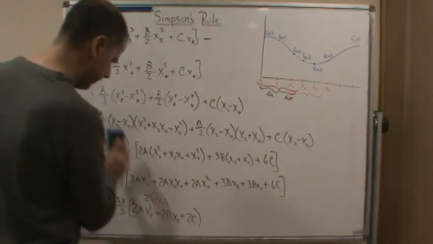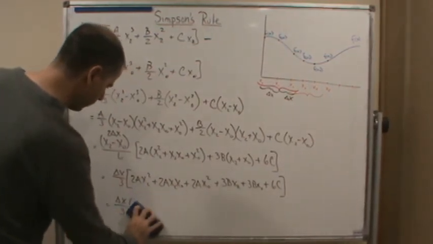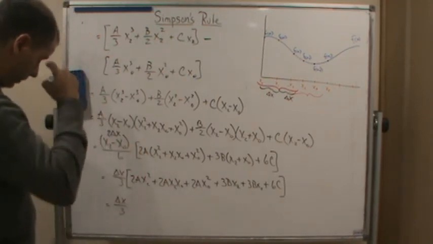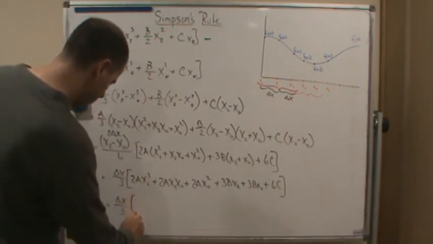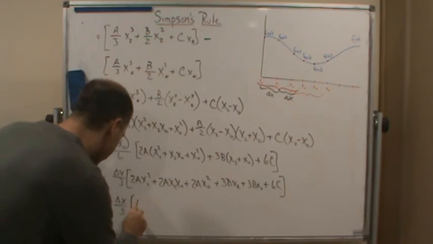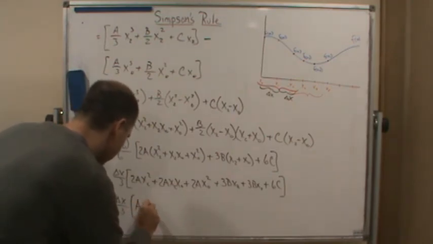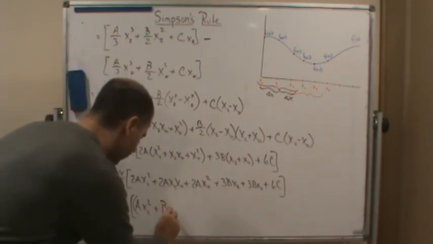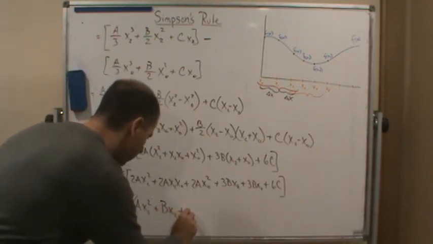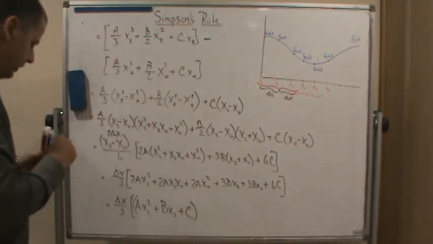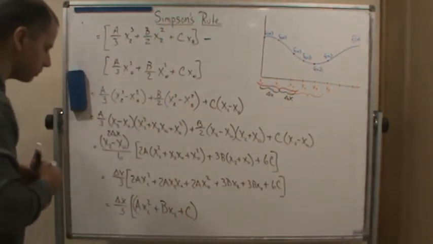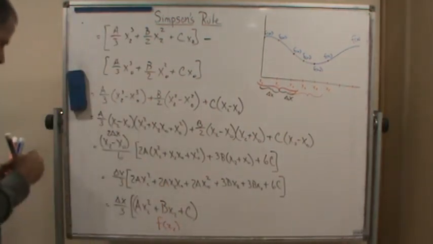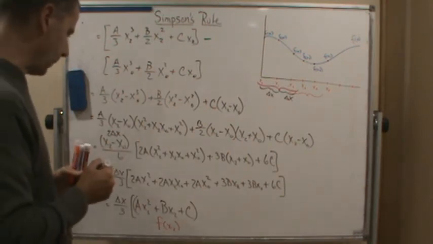No, I don't want to do that. Let's start with what I had before. Let's see how this works out here. So I've got ax2 squared plus bx2 plus c. So that's going to give me f of x2, right?